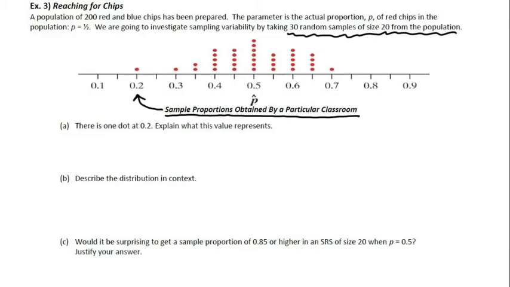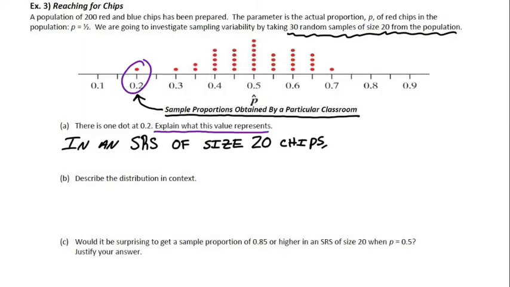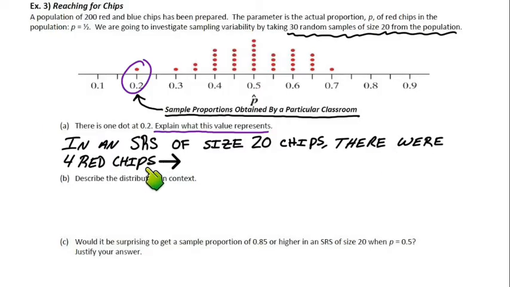You could think about this as a class dot plot, where each dot is some kid's result. They took a random sample of 20 chips, and that was the proportion of reds that they got. So let's be clear about that. The 0.2 dot means that in an SRS of 20 chips, there were actually 4 red chips.